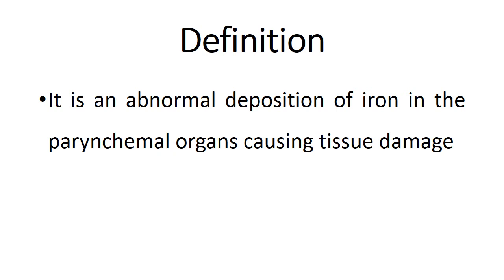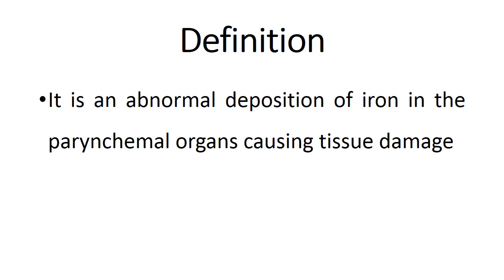In iron overload, iron will accumulate in the form of ferritin until it exceeds the capacity of ferritin. Then it accumulates in the form of hemosiderin in the reticuloendothelial tissues until it exceeds the capacity of these tissues.